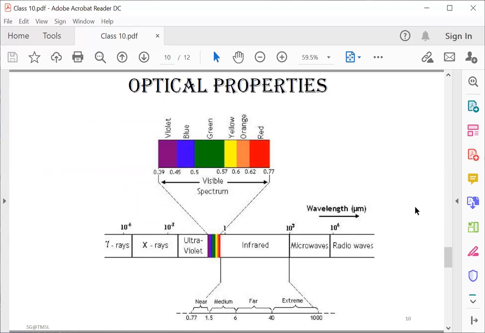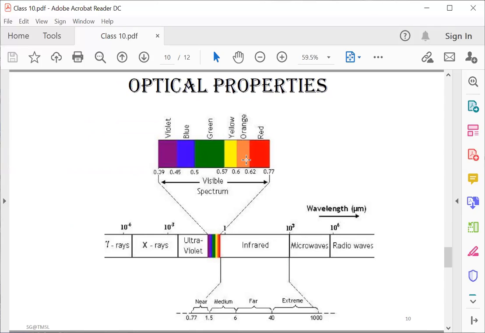This particular figure shows the electromagnetic spectrum, basically the visible spectrum. We can see the radiation from red to violet, and red is 0.77 micrometer. In between you will get blue, green, yellow, orange.